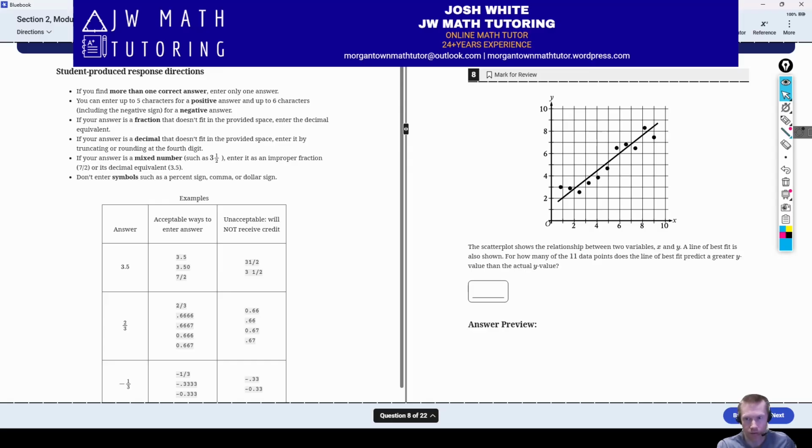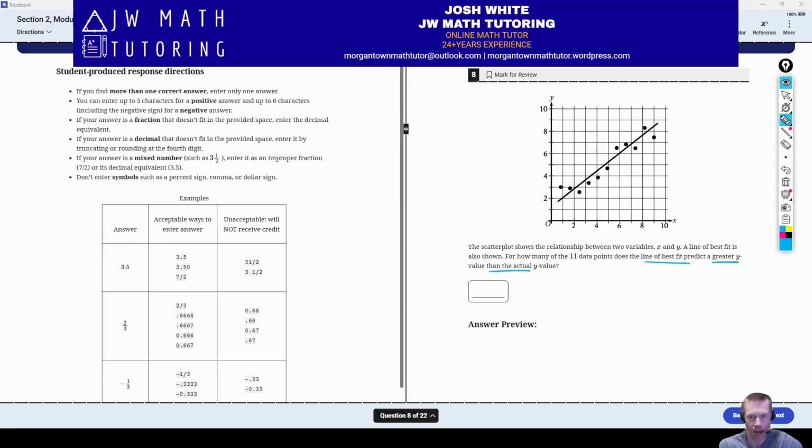Next up, we have a scatter plot and a line of best fit. For how many of these points does the line of best fit predict a greater y value than actual? So line of best fit greater than actual.